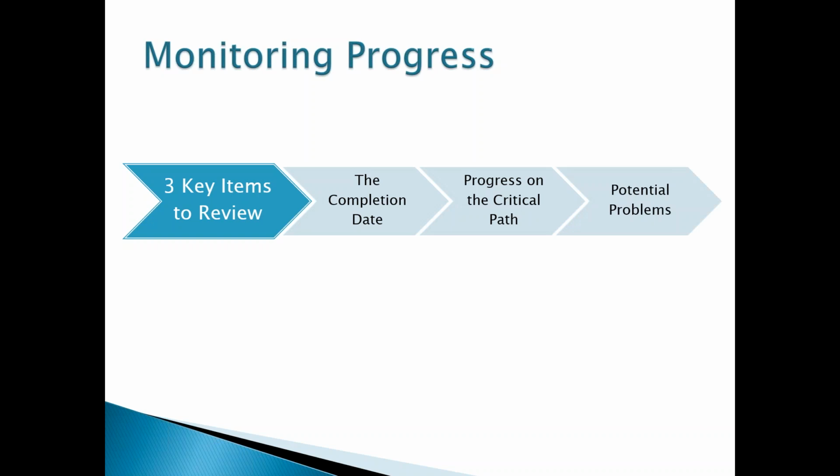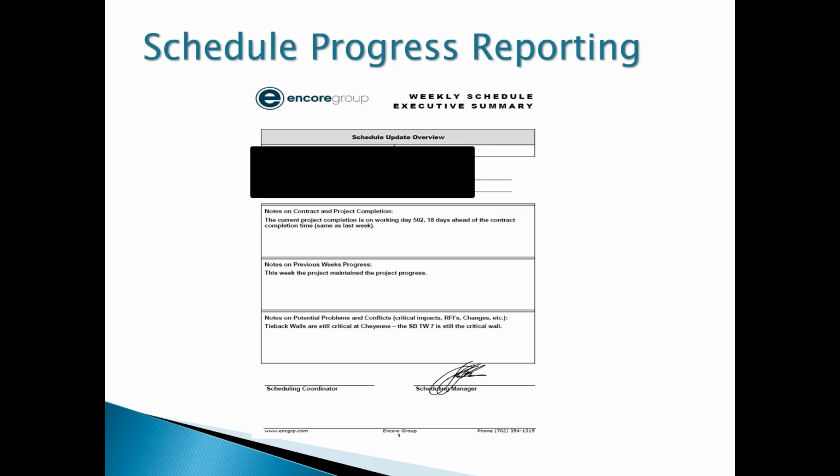So I'll give you a couple exercises here. One of the things that I do each month, and I've made it a practice over the years, is having the schedulers that report to me put together a little one-page summary. I want to know those three things, right? It says, here is our status on our end date. We're currently 18 days ahead of schedule in this one, right?